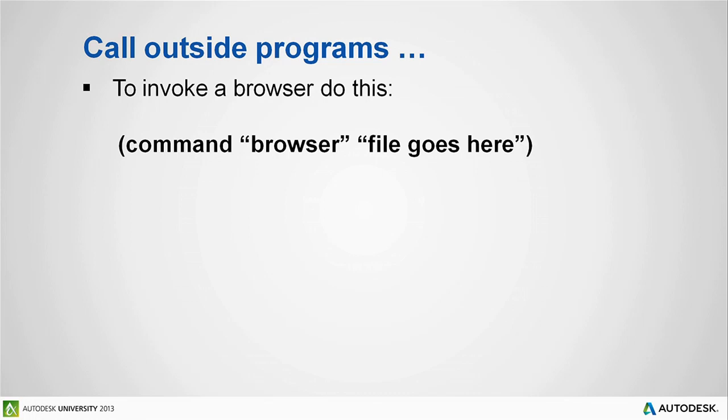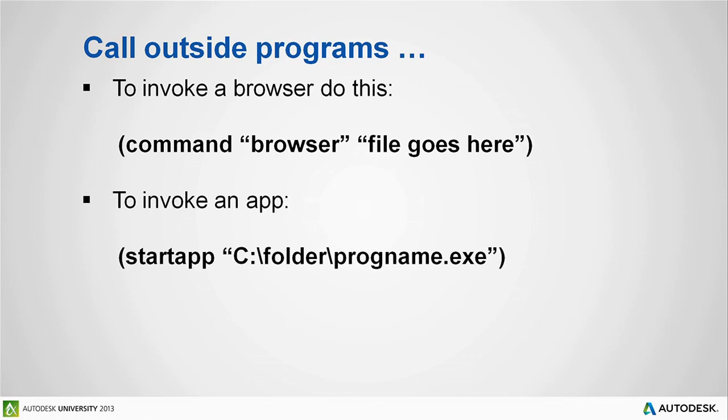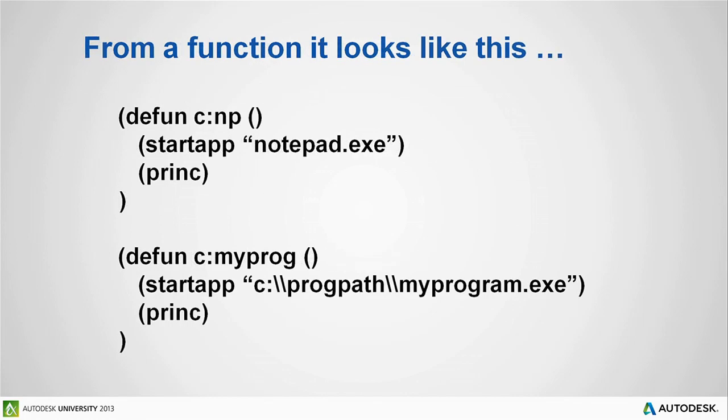Now, what if you want to call another externally referenced program that AutoCAD doesn't know about? Well, here's an example where you could start any program in any folder. And the magic function there is start app. From functions, here's how that might look.